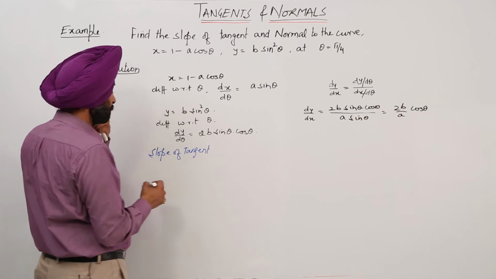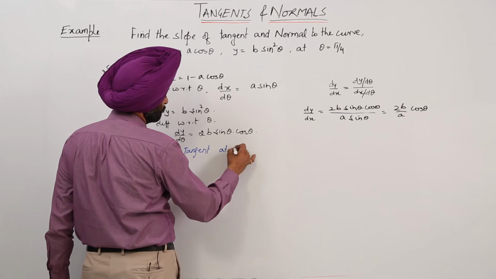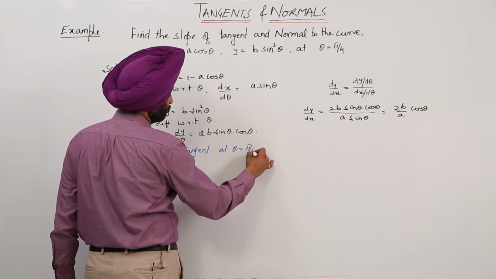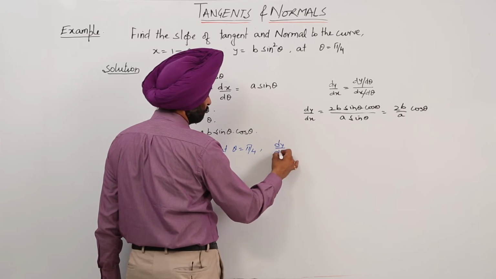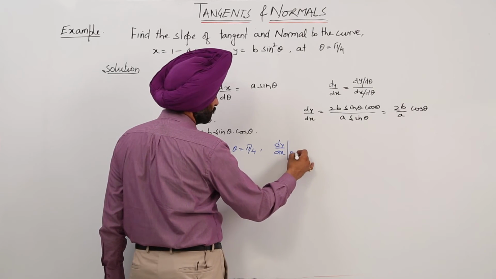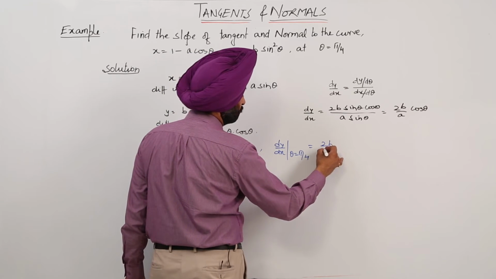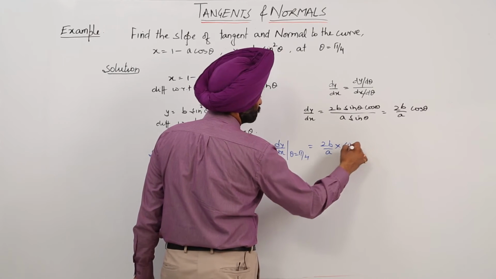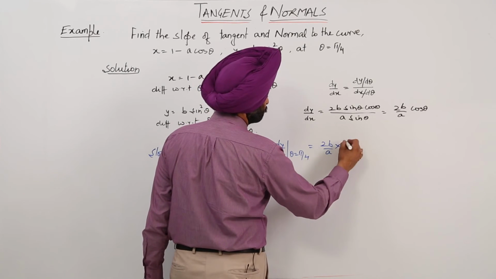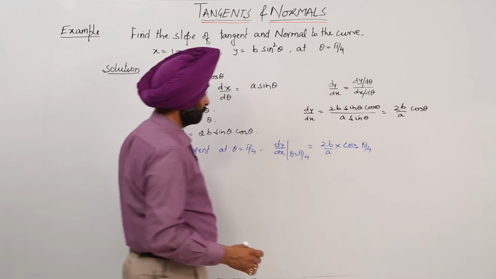Now slope of tangent at theta is equal to pi by 4 is dy by dx at theta is equal to pi by 4 is equal to 2b upon a with cos pi by 4.